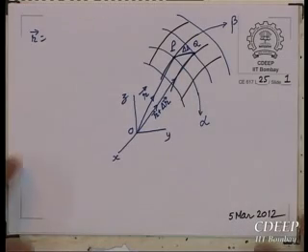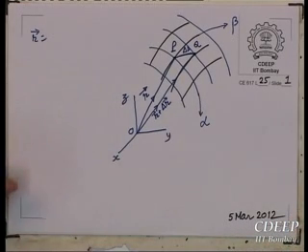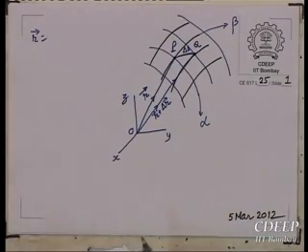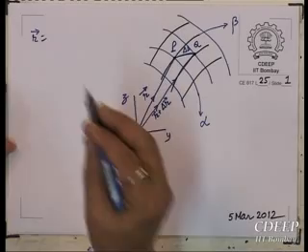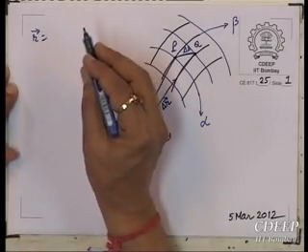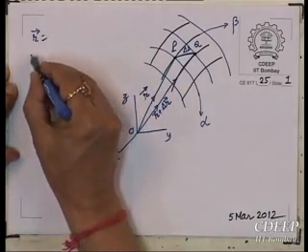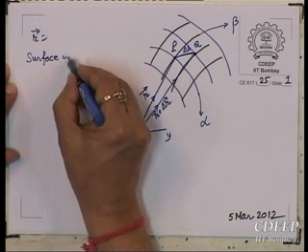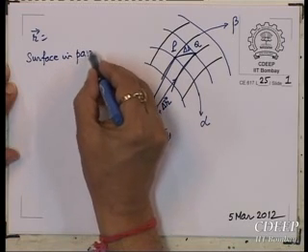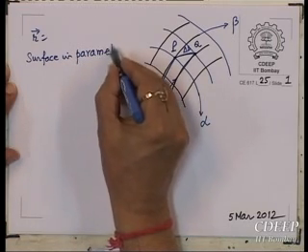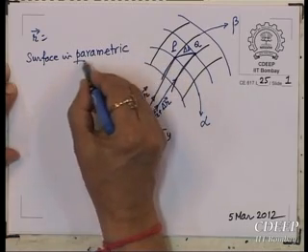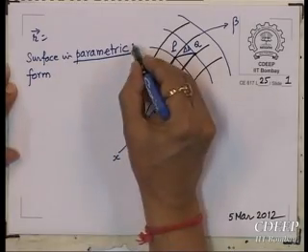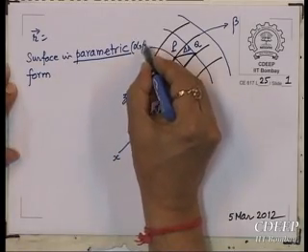So first of all, we define a surface. A surface in parametric form is defined in a number of ways. One is to define a surface in parametric form, and the parameters here are alpha and beta.